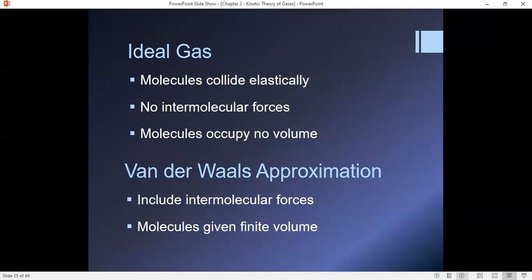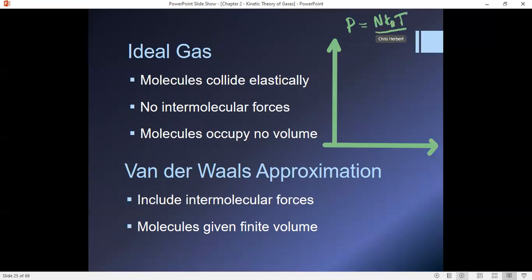If I graph pressure on one axis and volume on another axis, our expectation is P equals N k_B T divided by V for a given temperature and number of molecules. I'm going to get a relationship that looks like this. Let's see if I can draw this.